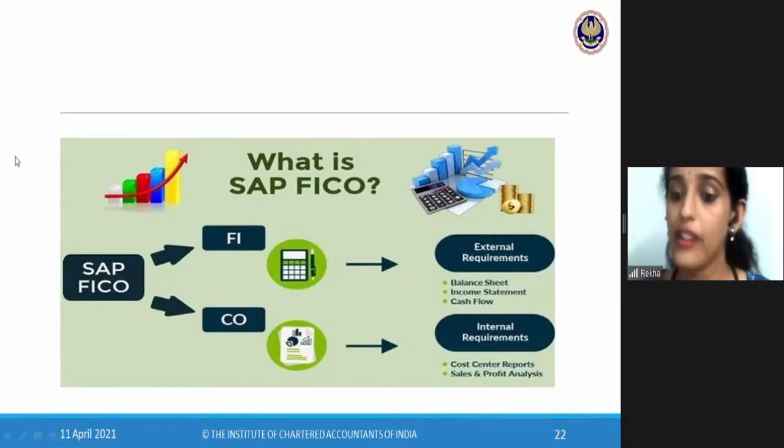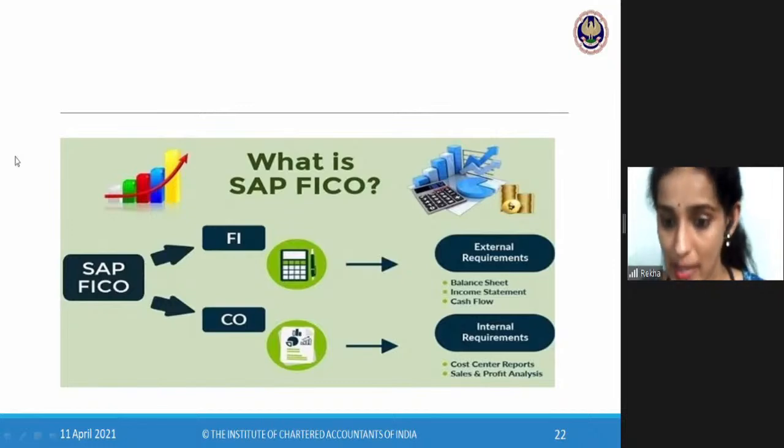So these two are complementary to each other. If you have a financial module, automatically the controlling module comes along: whenever an entry is posted in the financial module, the same will also be there in the controlling module. It will check whether, say, this advertisement expense is within the budget allocated for that particular quarter or for that particular half year. If not, it will be allocated.